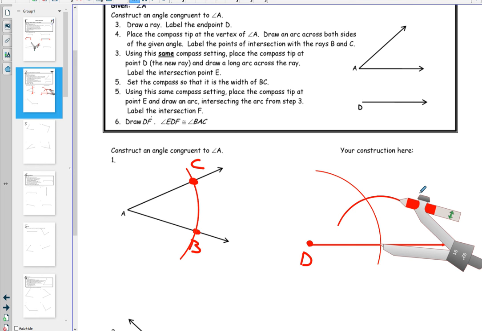Okay. Once that happens, put a point there at the intersection.